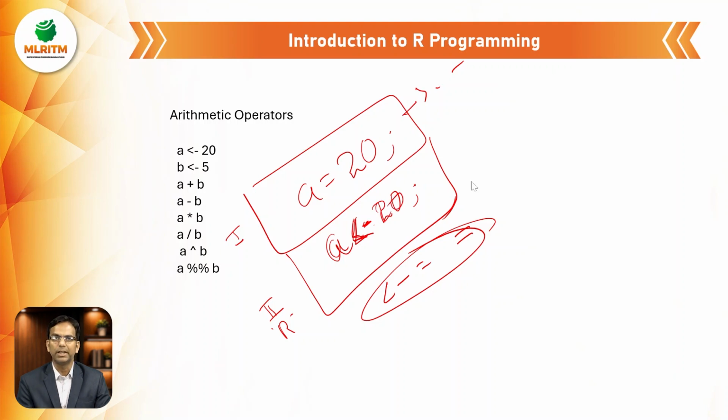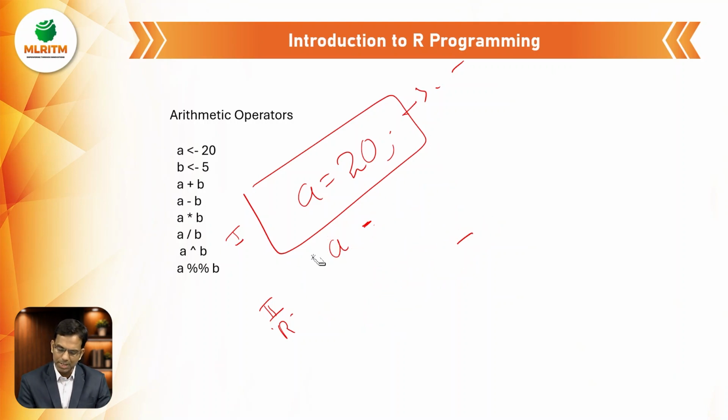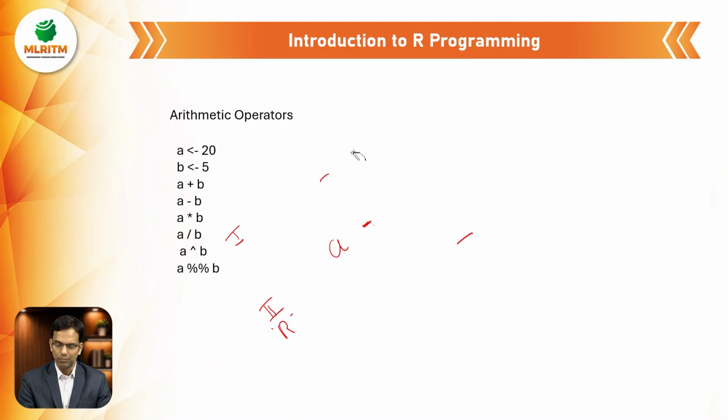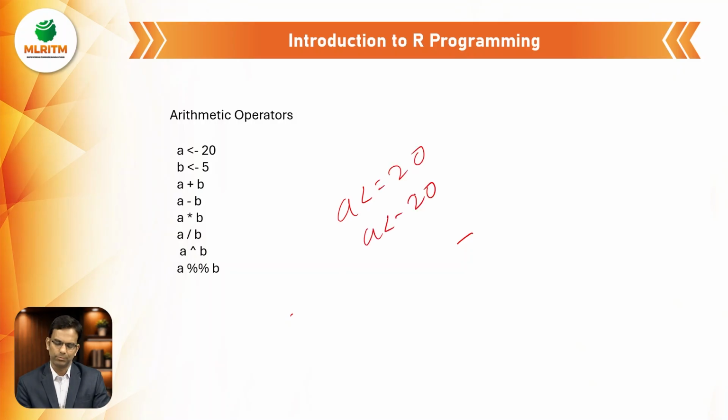So we are representing the data in this manner. Why I am selecting this topic: to represent different types of values, there are some specific methods, some slight changes, like A is equal to 20 in the normal form, and A less than minus 20 is the R programming form.